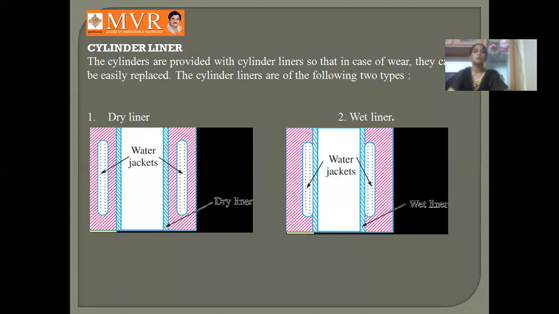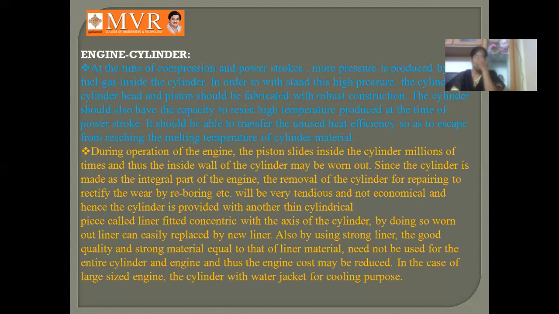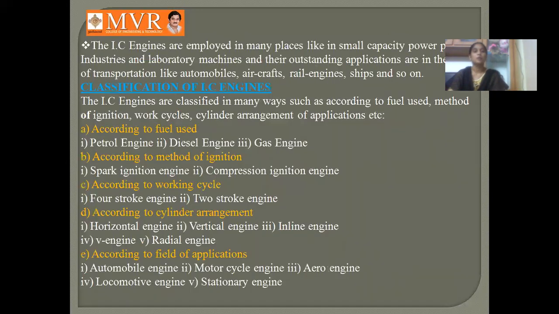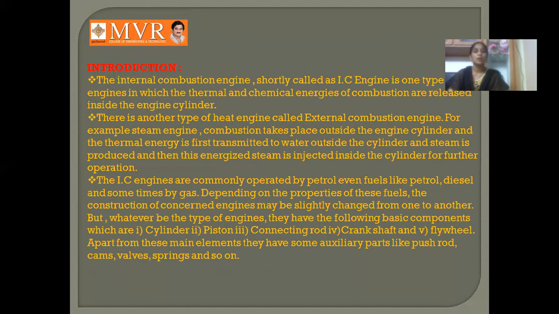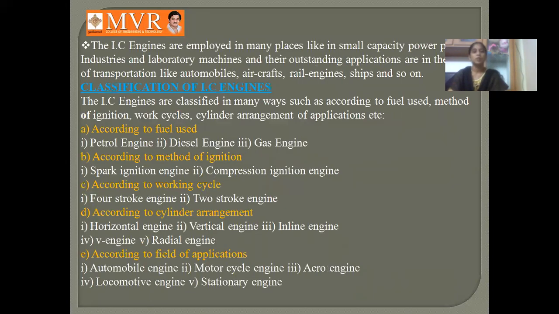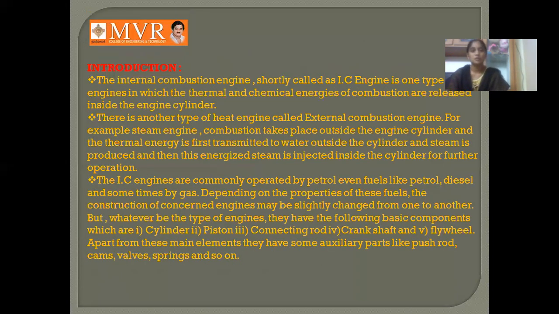In unit 2, different types of engine parts will be discussed. Throughout the engine parts we will discuss several types of terminologies. We have discussed the internal combustion engine and external combustion engines.